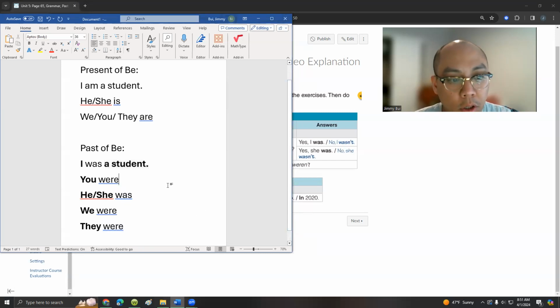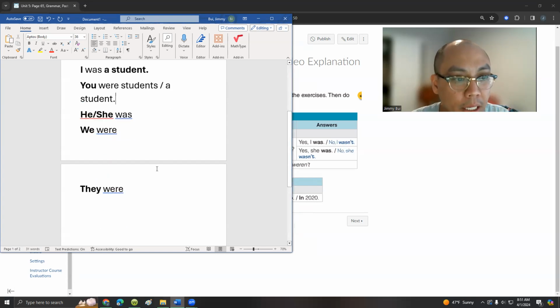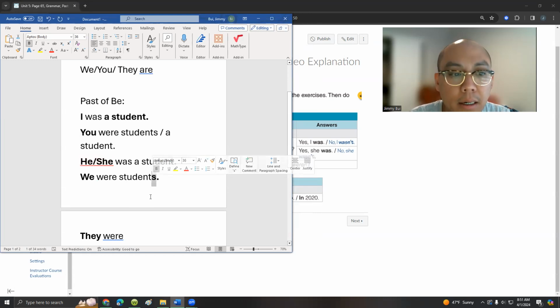I was: think of it as one person, singular form of be, and a student, a singular noun. You were students, a student. Both would be acceptable. He, she was a student. We were students, right? Because students is plural. It is not a singular noun, and so we add an S there.